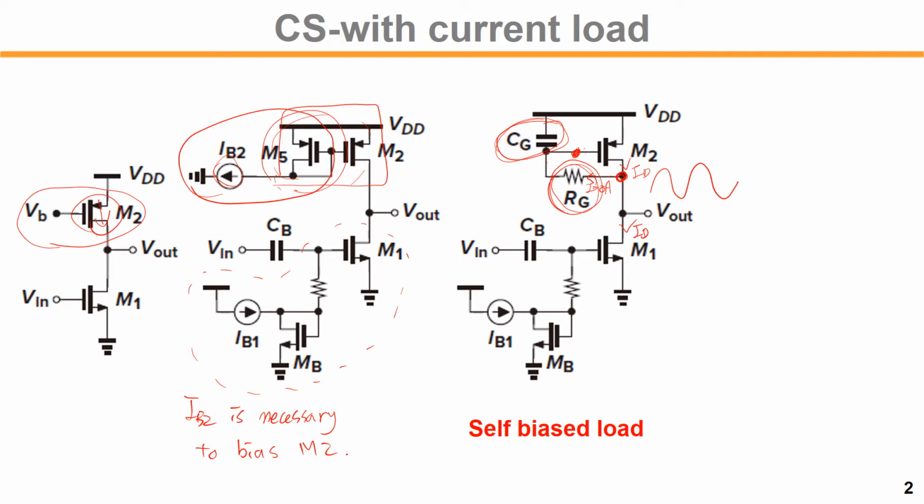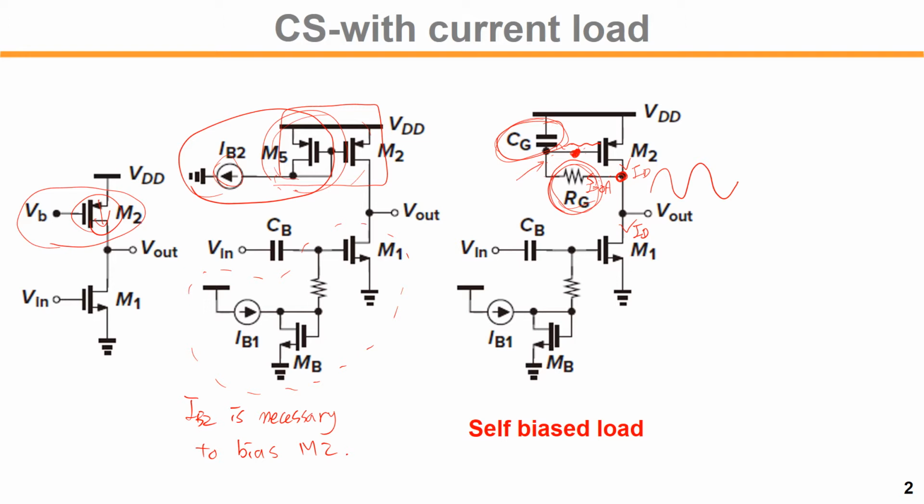If you have a large RG, that lowers the bandwidth, so that the signal doesn't pass this RG, and then there is only a small variation there. It looks like a DC voltage, so it becomes similar to the left-hand side biasing. So in this case, you need the large RG here.